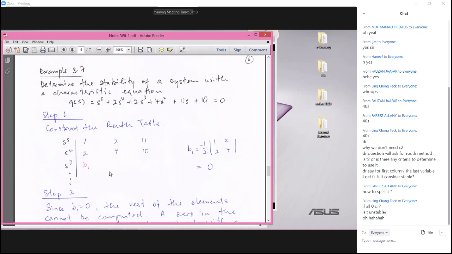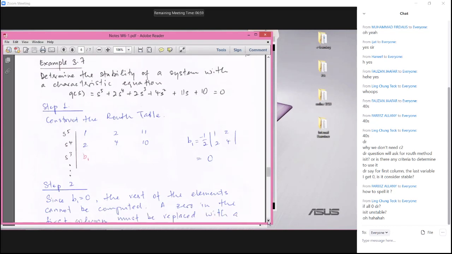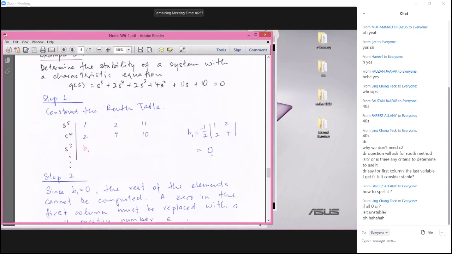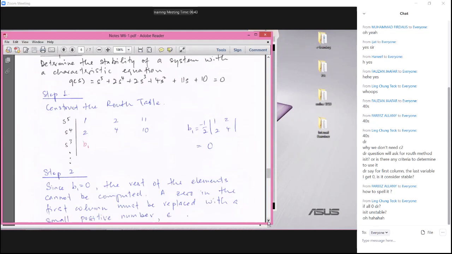So if there is a 0 in the first element, you need to replace that with a positive small number. You can see here that B1 is going to be 0, so the next row you cannot compute because the multiplier is -1 over 0. Then you replace B1 with some small positive number, and you can fill the rest of the table.